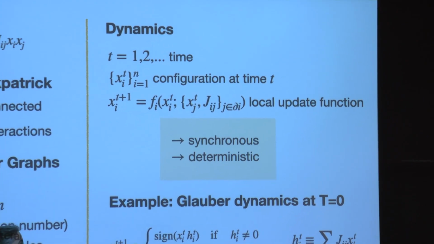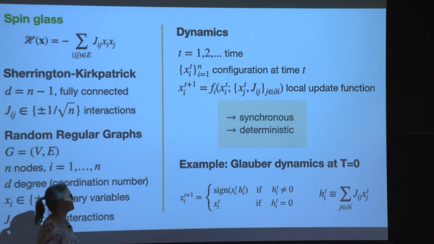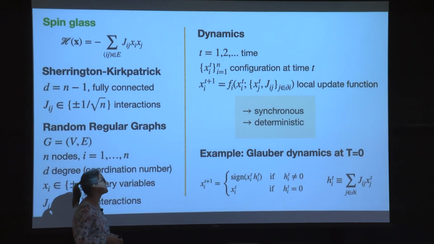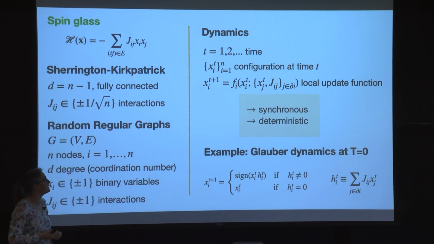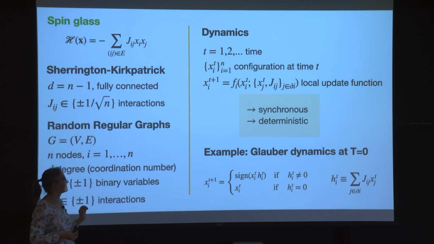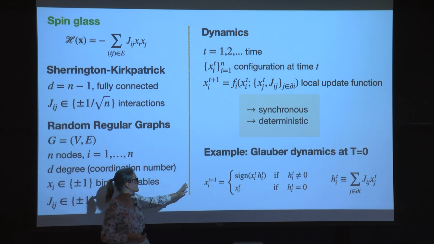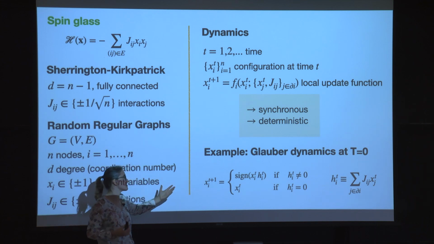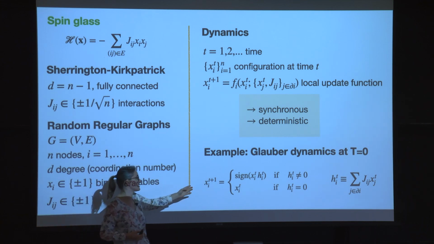And that's it. So it's a local dynamics, synchronous, deterministic. This function f_i is deterministic, and our theory will be valid for all those. It can depend on the node i, that's fine. So an example that is natural is what in physics we call the greedy dynamics at 0 temperature.